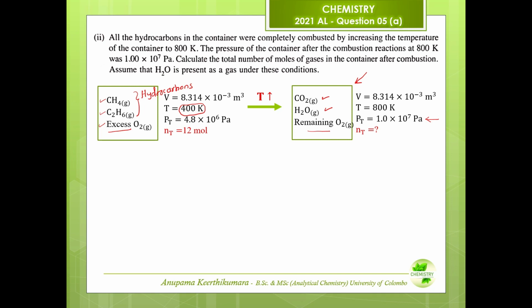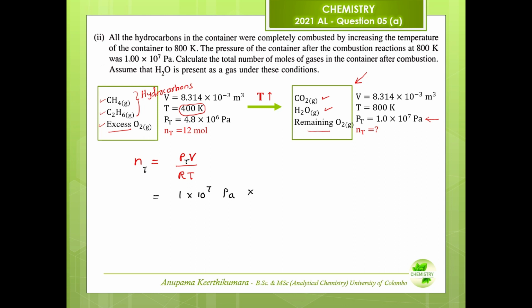For that we can use the ideal gas equation. Number of moles is PV over RT. Again, the total pressure was given and we have to calculate the total number of moles. Pressure is 1 × 10^7 Pascal.